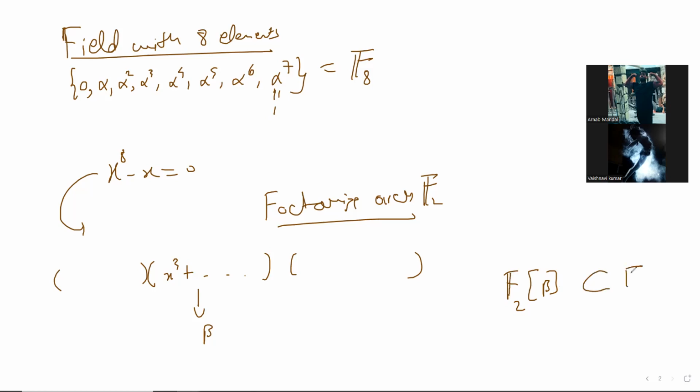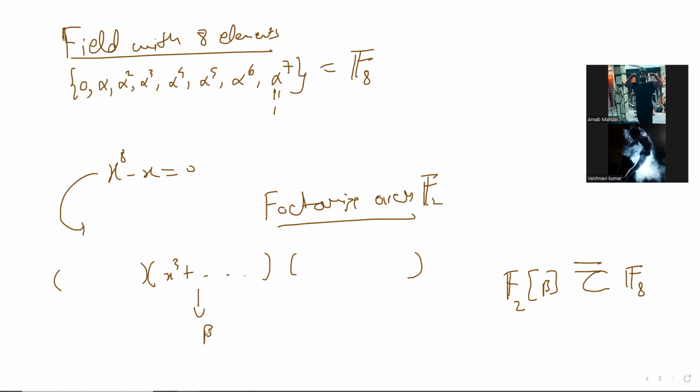It's contained in f8, right? That's by definition, since f8 is the roots of this. The degree of this is equal to 3, correct? Just a 3-dimensional vector space over f2. And what will be the size? It will be 8, 2 times 2 times 2. So this will be an equality.